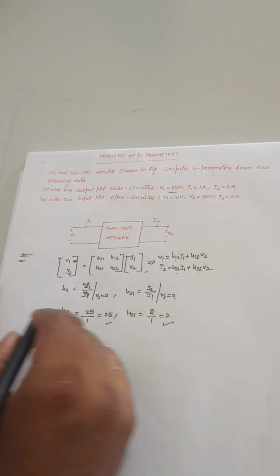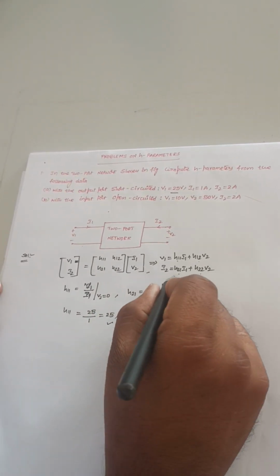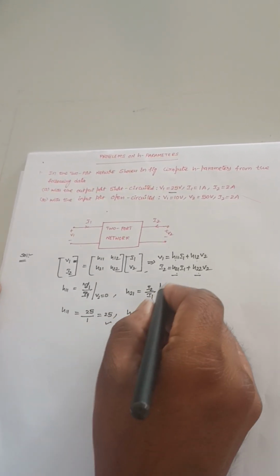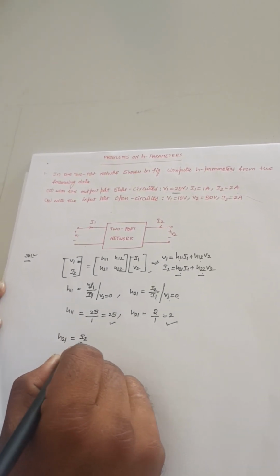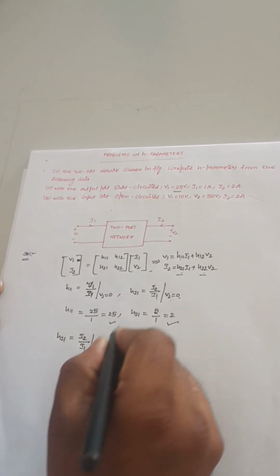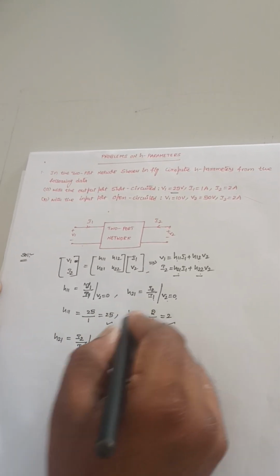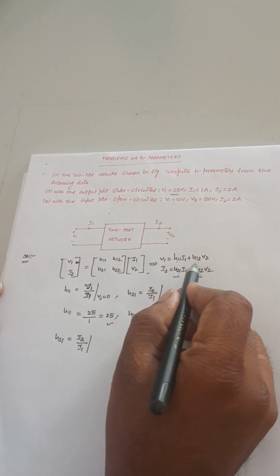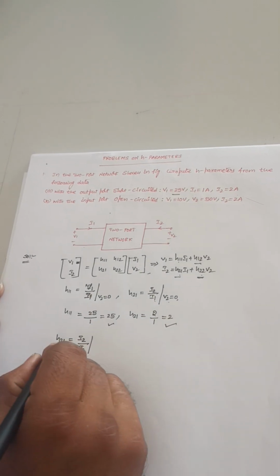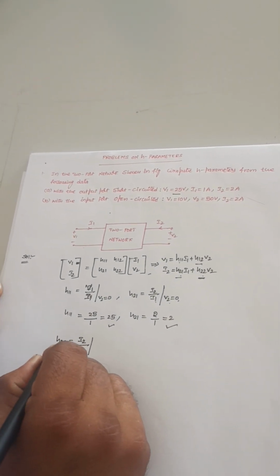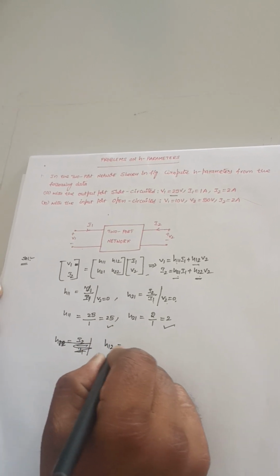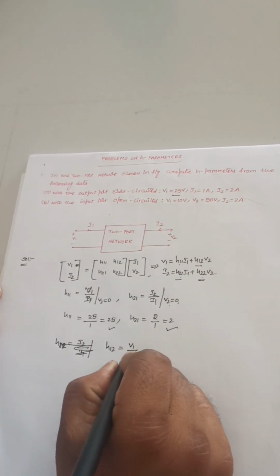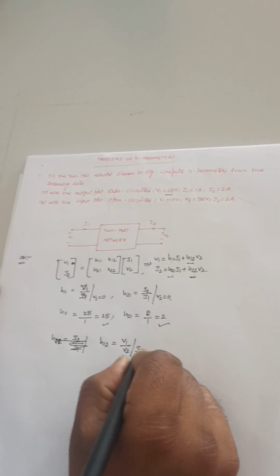Now the next ones: H12 and H22. H21 we just calculated, now I need to find H12 and H22. H12 is equal to V1 by V2 at I1 equal to 0.